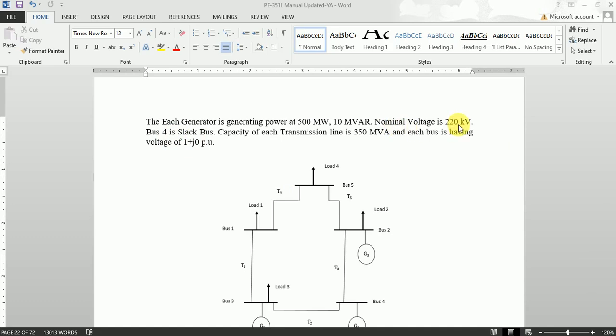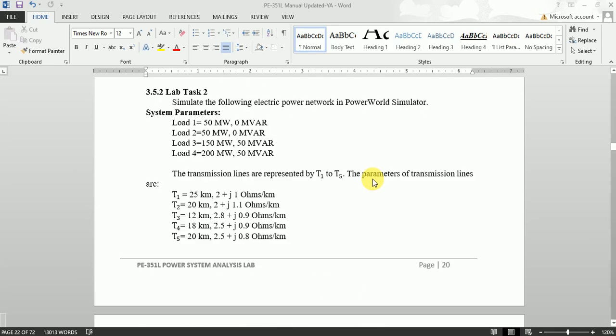The nominal voltage is 220 kV and each generator is generating power of 500 megawatts, having reactive power of 10 megawatts, and the capacity of each transmission line is 350 MVA. Moving further, the system parameters are such that the loads have the following values.